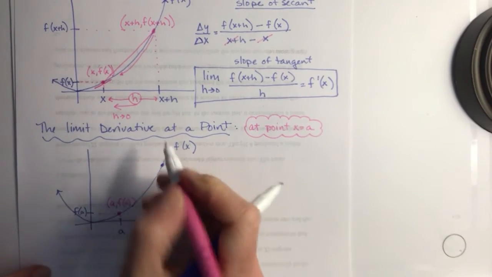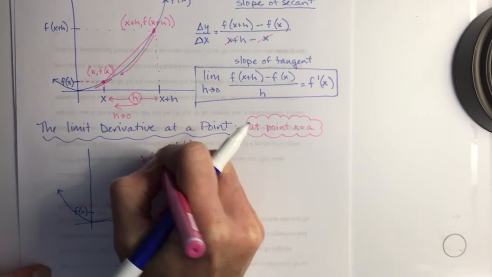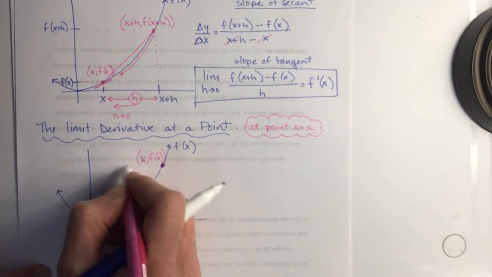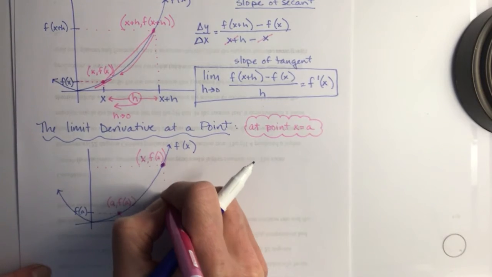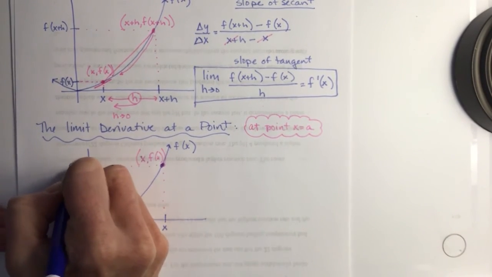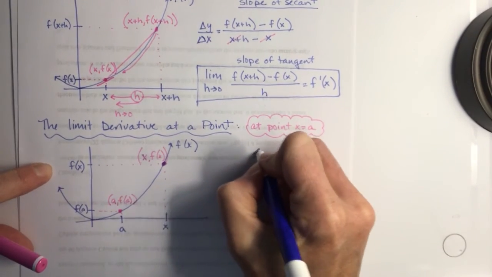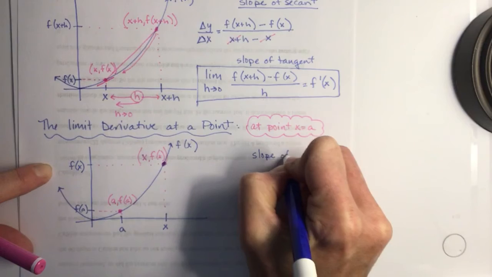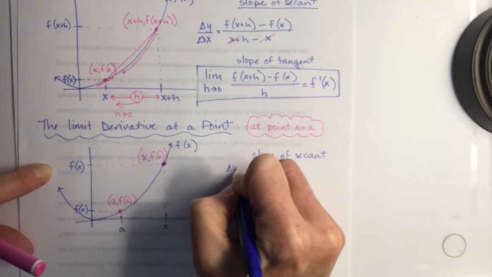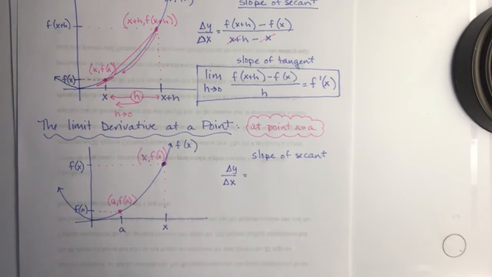And now we pick some arbitrary point over here, which is x, and that makes this f of x. And we're going to do the exact same thing. Because the derivative is the slope, we're going to find the slope between these two points. So the slope of the secant again is delta y over delta x. It's the same process every time.